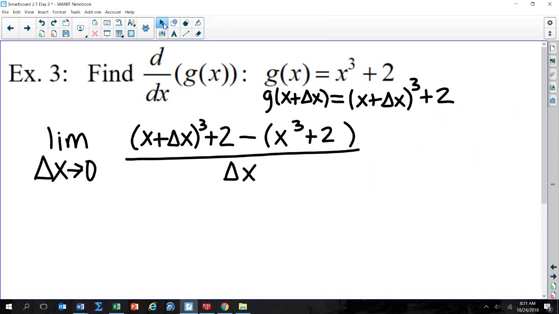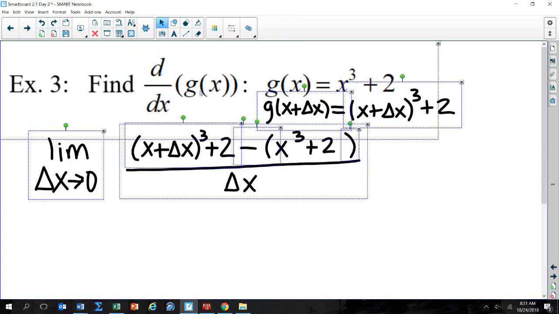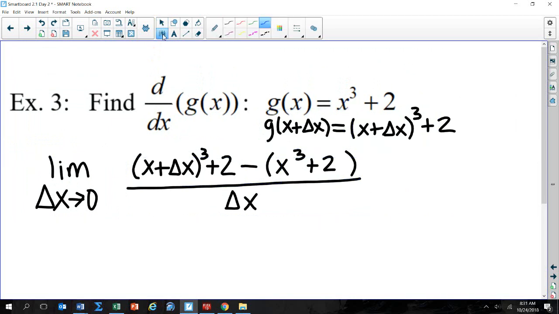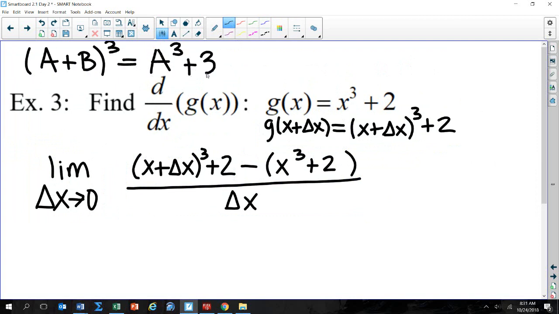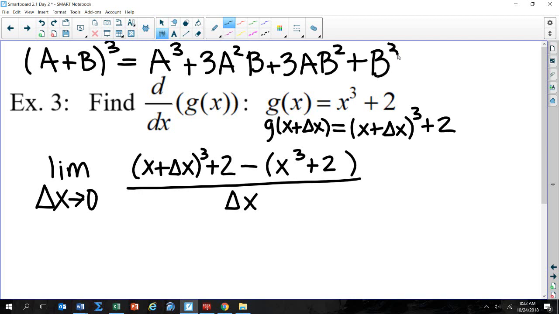I'm going to write it, let's do the top. A plus b cubed. Here's your property. A cubed plus 3a squared b plus 3ab squared plus b cubed.